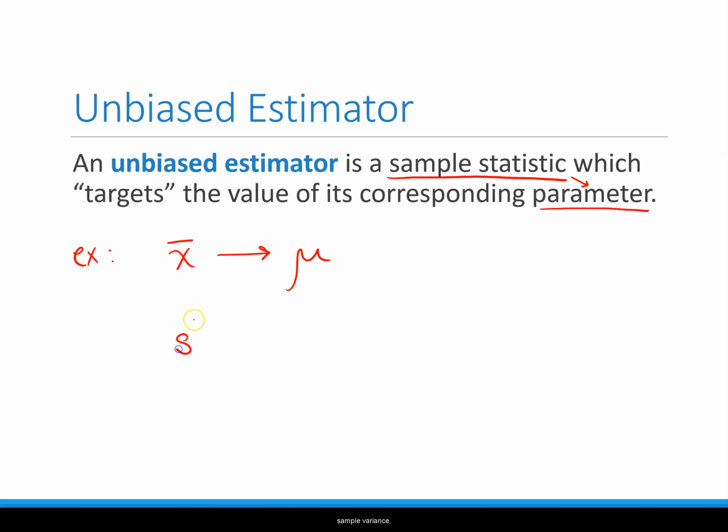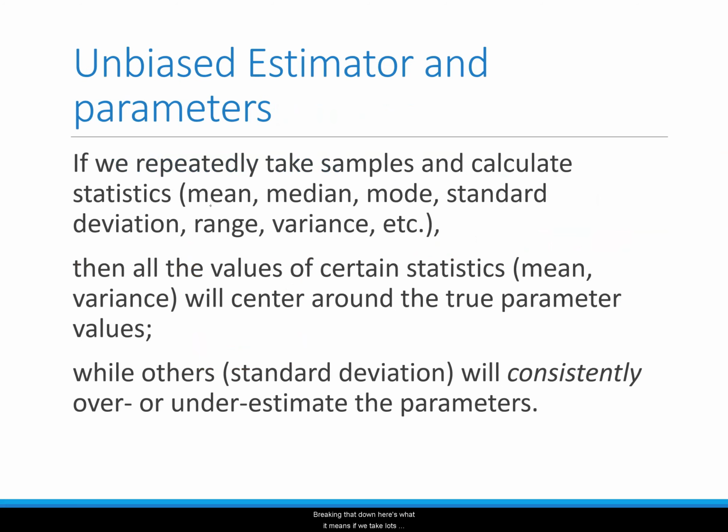We look at a sample variance to target the population variance. We'll talk about these symbols in just a moment. But we do say that the mean is an unbiased estimator. Breaking that down, here's what it means.